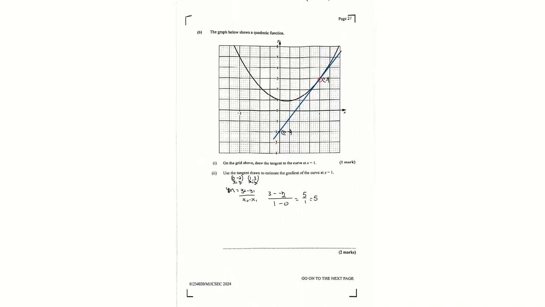Now, the next part is write down the equation of the tangent. I taught you that gradient is m, so the gradient is 5, and where it intersects your y-axis is known as your c. C is your y-intercept. This is why it is 1 mark. You don't need to do that much working.